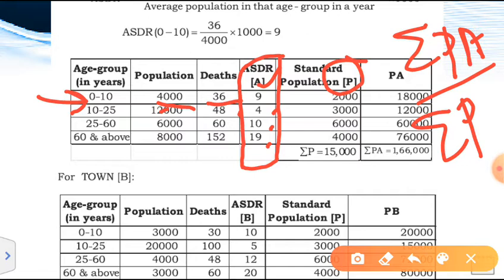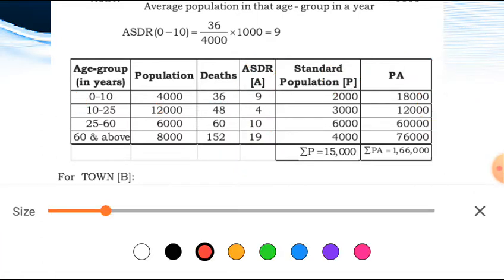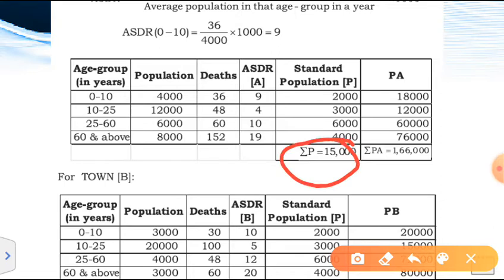So summation of PA is the specific death rate into the standard population, which gives me the PA, and then it is divided by the population. Here this is our summation P. From the standard population we have calculated the PA, the product of P and A, and this and this give me the value of PA.